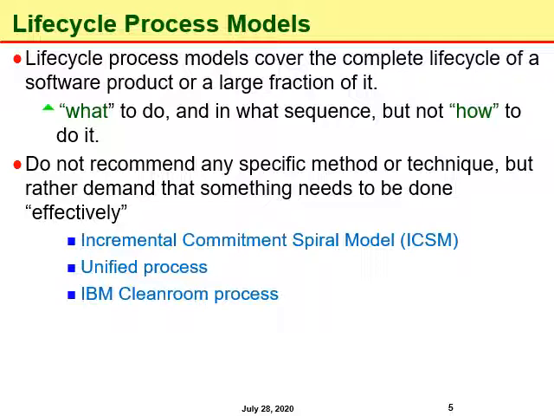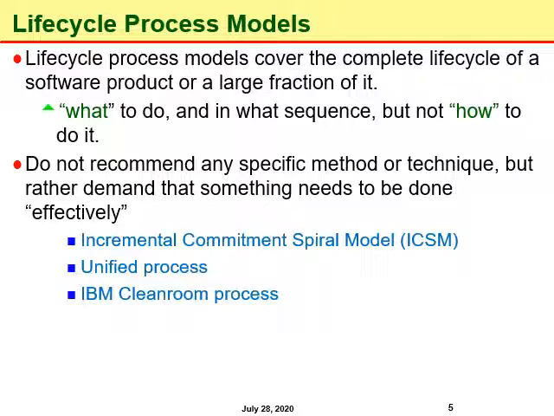For example, a life cycle process model may demand that traceability be established between requirements and components, but it will not prescribe how this should be achieved. So this must be determined by the process engineers at the respective organizations.